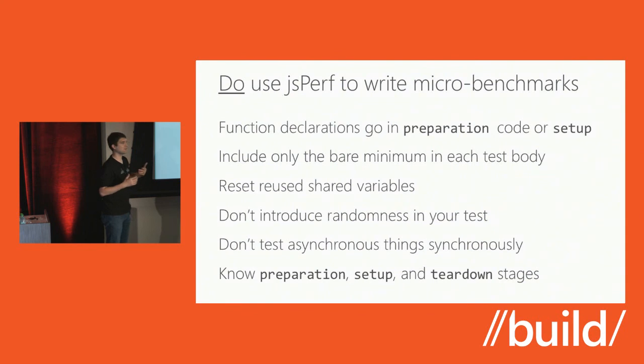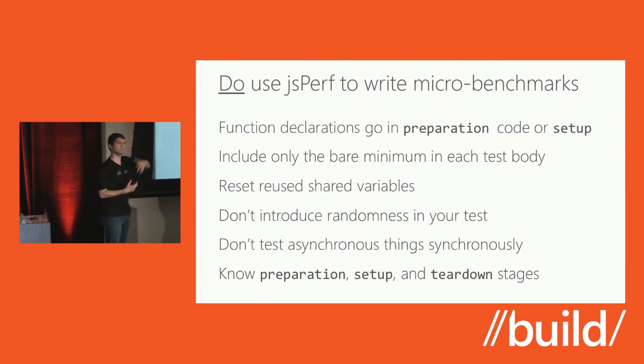So the idea is that when you're benchmarking these snippets, you want to get reproducible results, something that you can point to developers and say, hey, this is what I got, and then they can run it and they'll get the exact same results. And so I worked really hard on creating reproducible results there for you. So the do's and don'ts to creating reproducible results would be things like, don't put your function declarations in your test body.